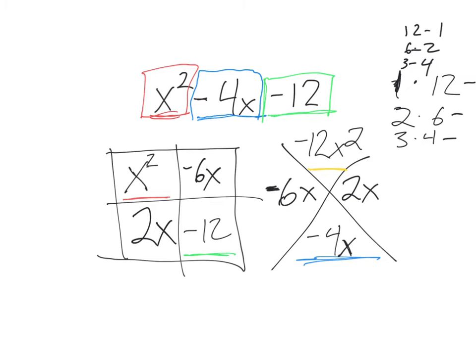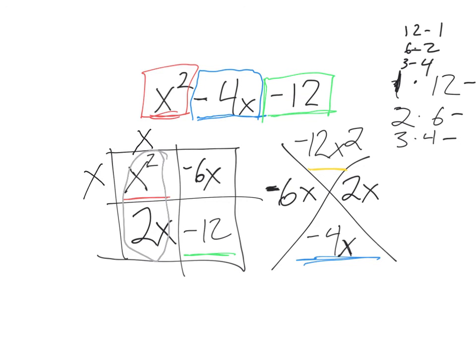Okay, now I want to go ahead and find the GCF of these two values, which is x. Now, x times x is x squared.